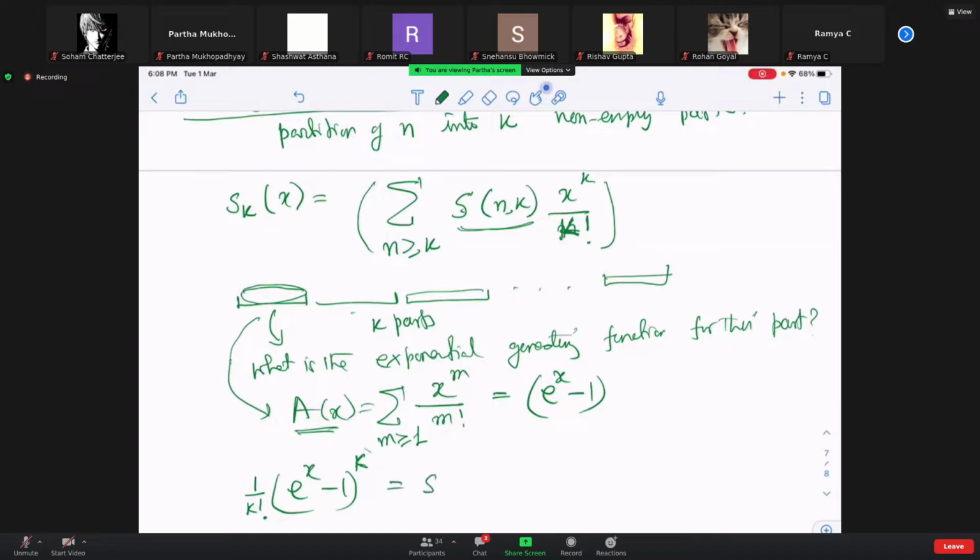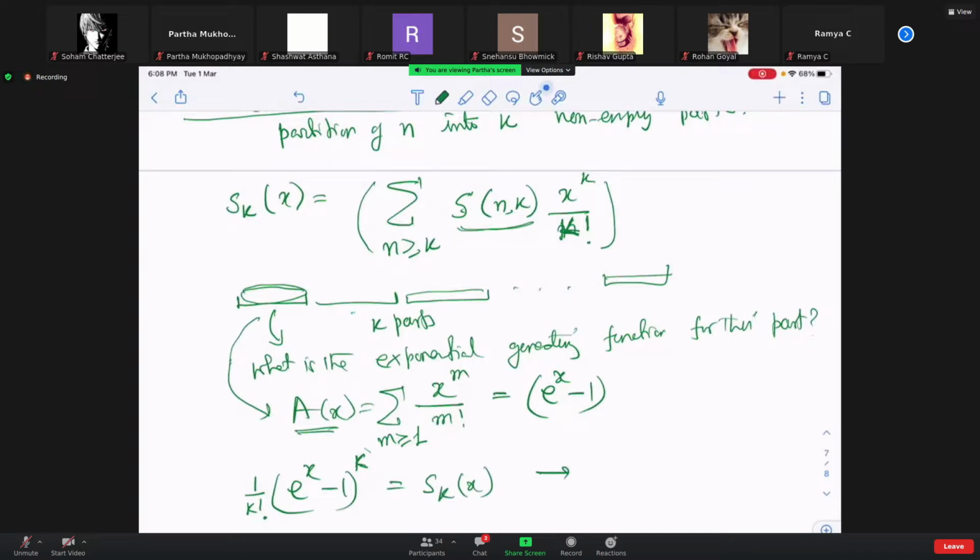Sir, I didn't understand how A(x) is the generating function for that particular part. Explain that a little bit in detail. Yeah, so what is the meaning of partition? Suppose this first part is holding a number, some m, right? And there is nothing further that you are doing. You are just placing the number m there.